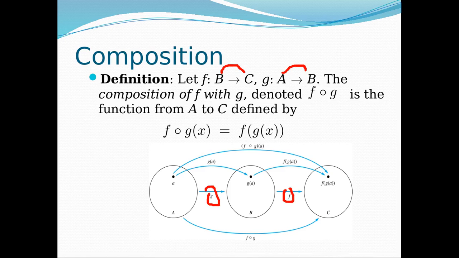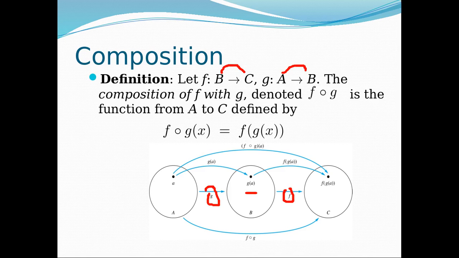What the g function does is it maps one element from the set A to another element of set B, which is given by g of a. Now similarly, the function f maps an element of set B to an element of set C.